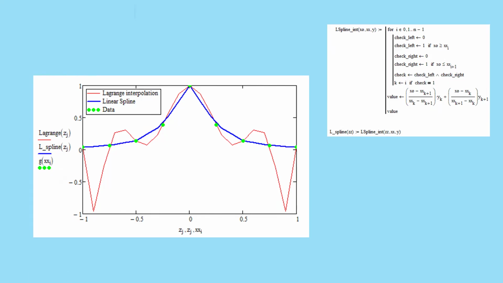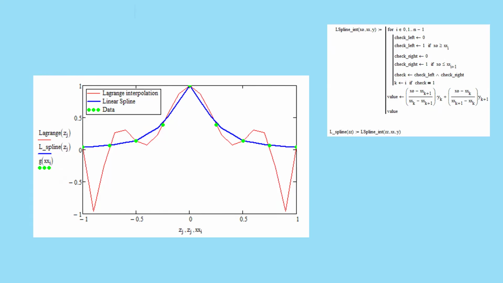The red curve shows the Lagrange interpolation and has strong oscillation, especially near the boundary of the interval. But in contrast, the blue curve represents the linear spline, connecting the points smoothly without oscillation.